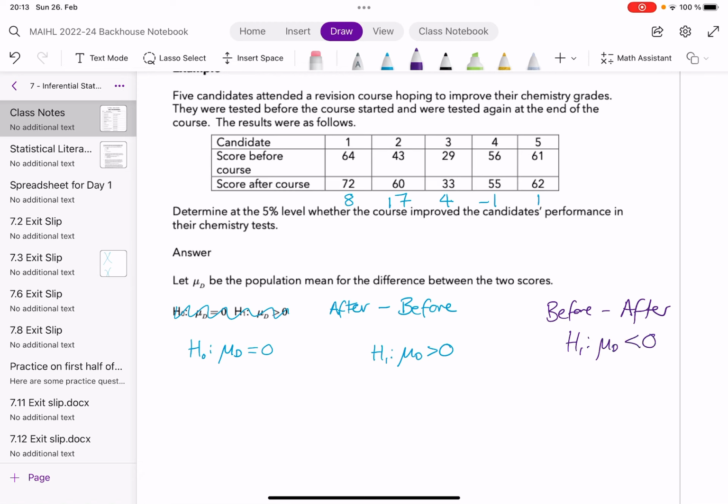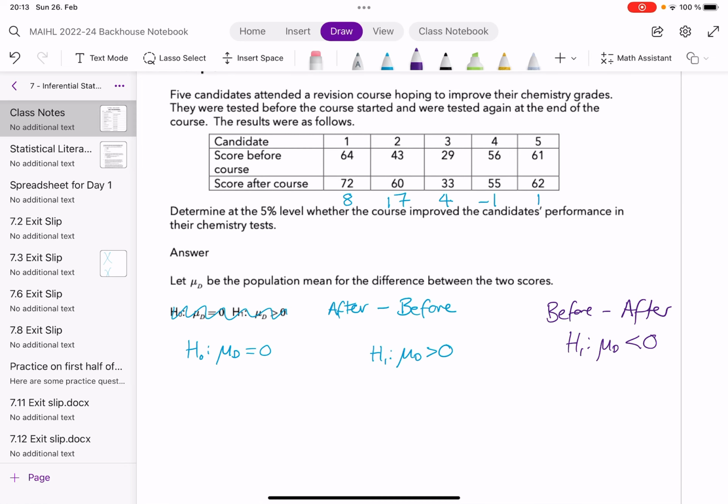And you might have to really stop and think about what the appropriate alternative hypothesis is. So both of these would work, but I would need to have calculated them the other way round. I'd been doing 64 minus 72 is negative 8, for example. Okay, let's get rid of all this now.